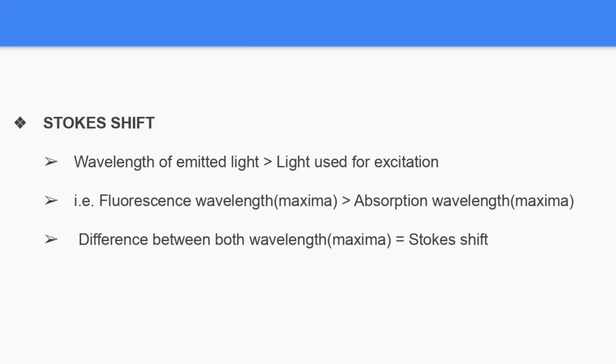That difference is called the Stokes shift. That is, the Stokes shift is the difference between the lambda max of the absorbed light and the lambda max of the emitted light. And this term is related to fluorescence and phosphorescence.